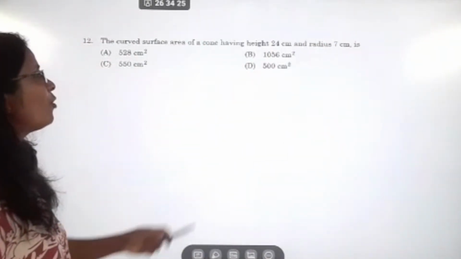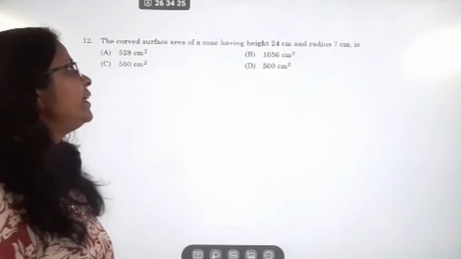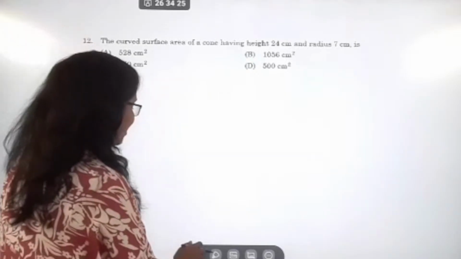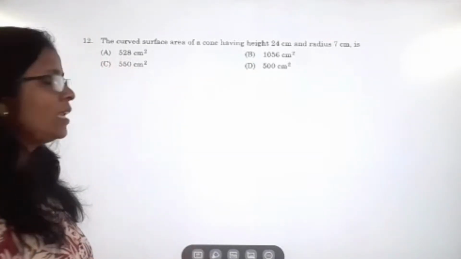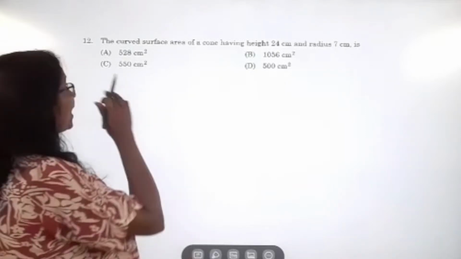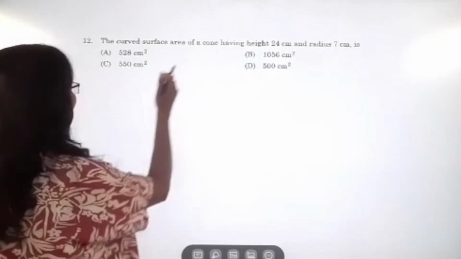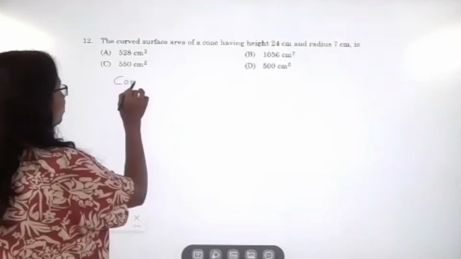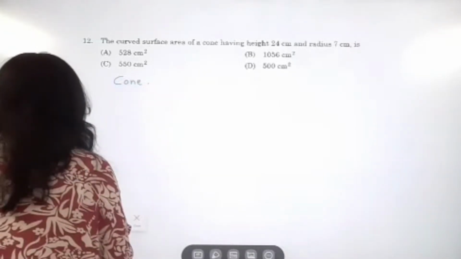The next example: the curved surface area of a cone having height 24 centimeter and radius 7 centimeter. Yes students, first we write down that the cone is given.